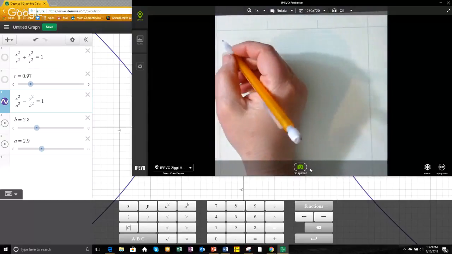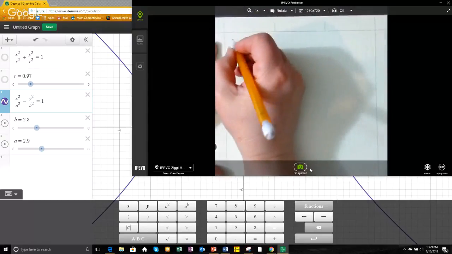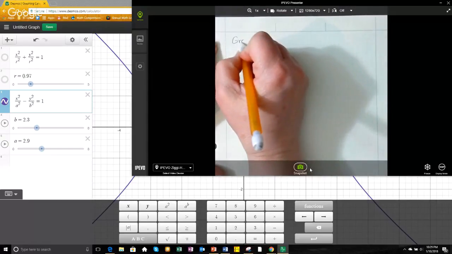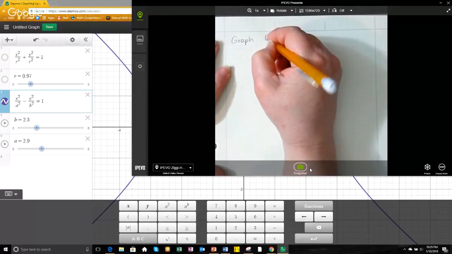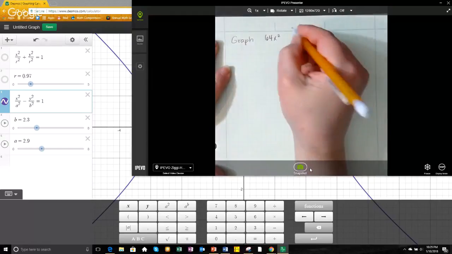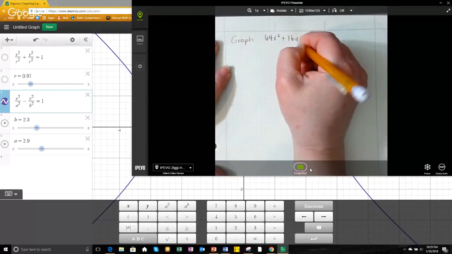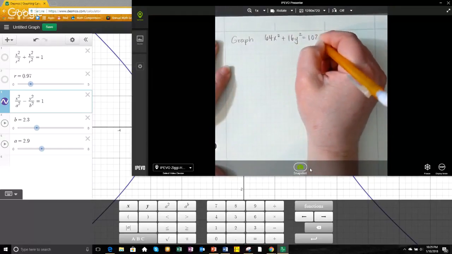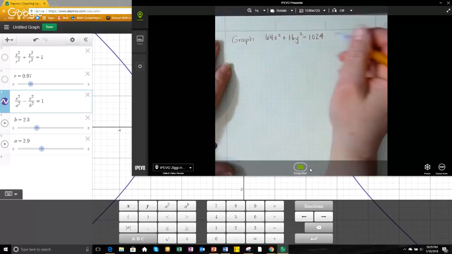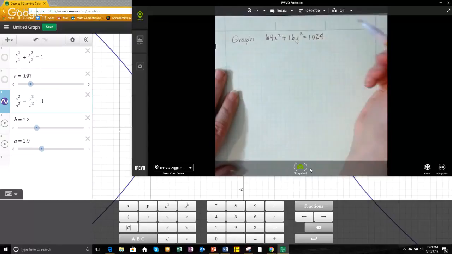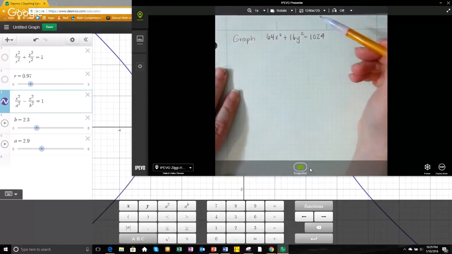So let's say I want to graph the following: 64x squared plus 16y squared equals 1024. All right, so first of all, we have to decide what this is.